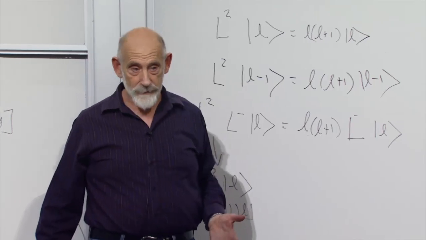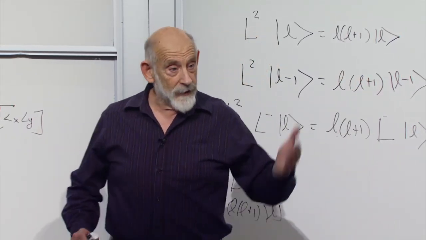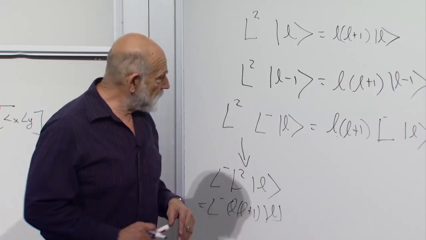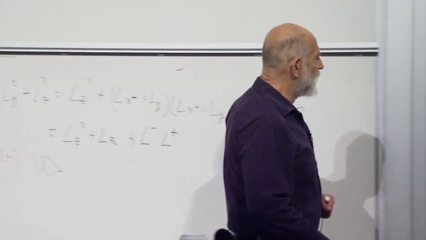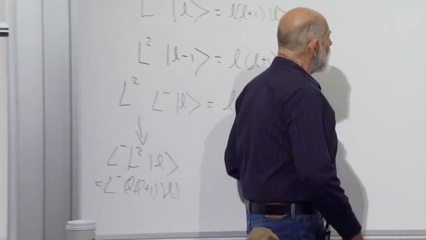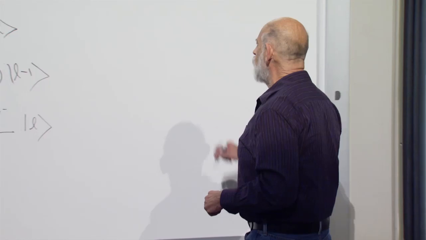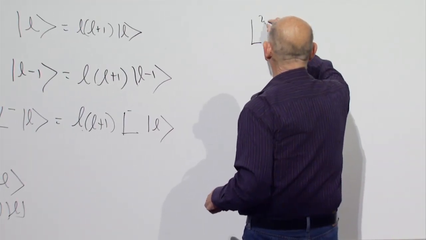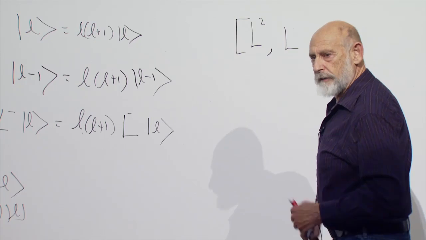What about L minus 2? What about the next state down? Same thing. We just go down till we run out of states. Here's the exercise. The exercise is to prove that L squared commutes with any one of the components of angular momentum.